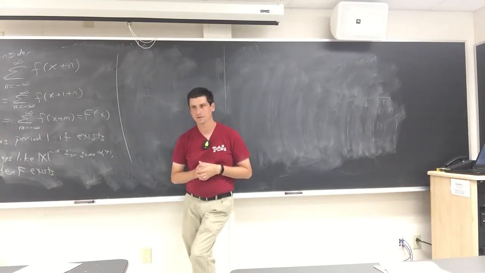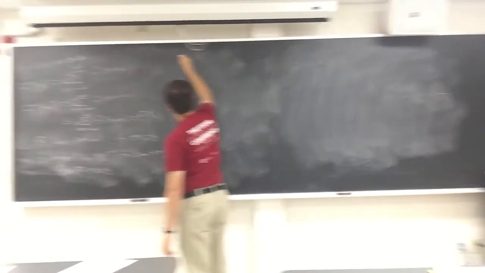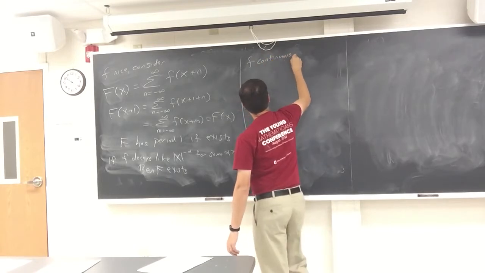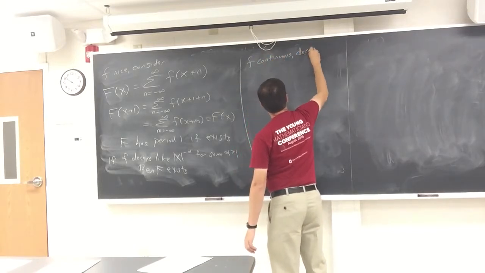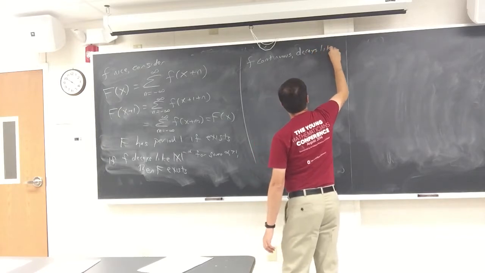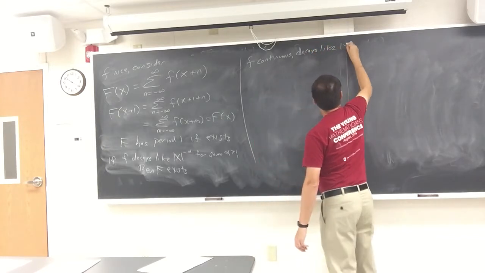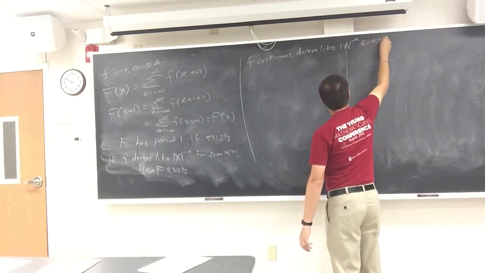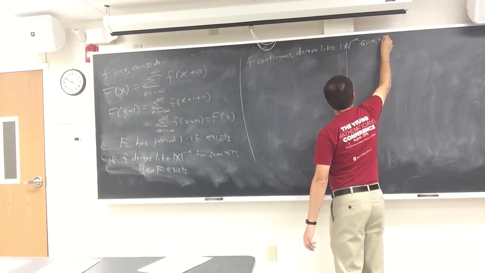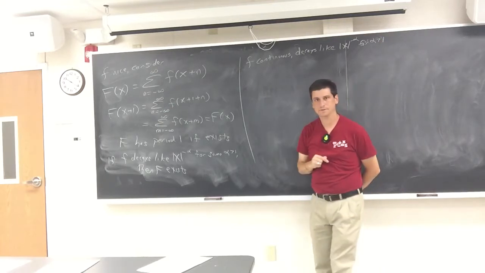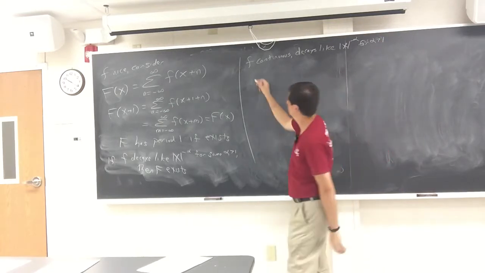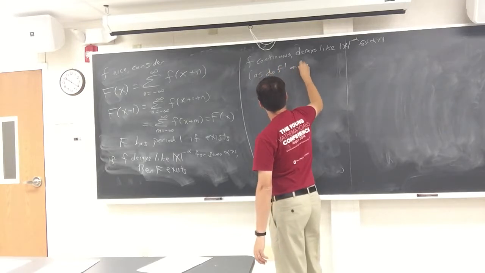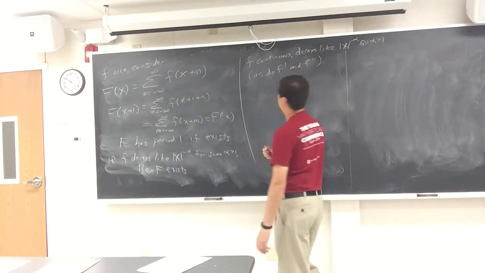So let's say f is continuous and decays like x to the minus alpha for alpha greater than 1, as do f prime and f double prime.